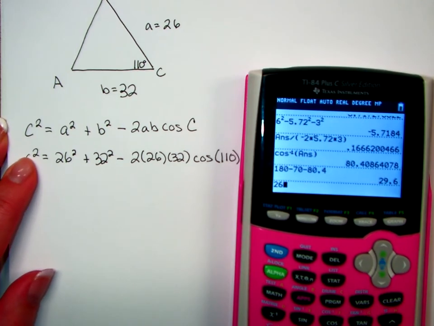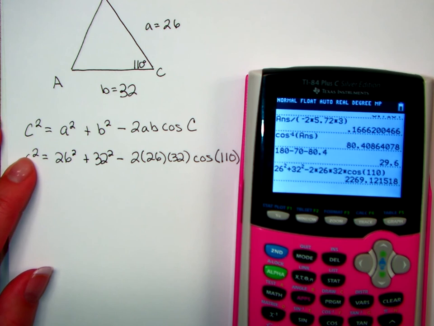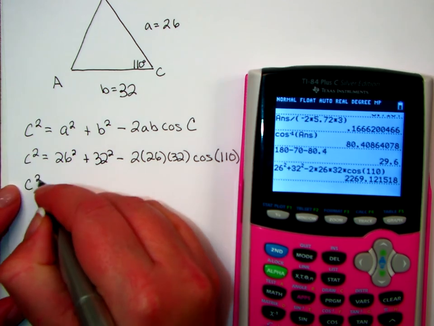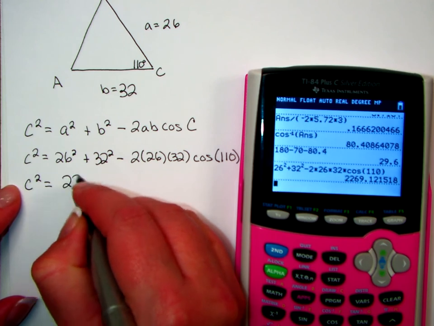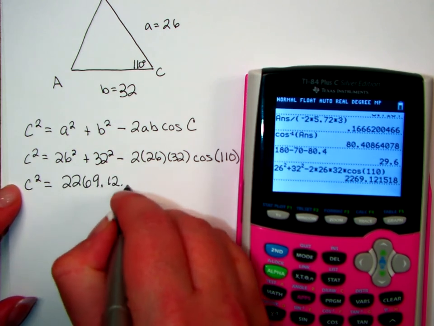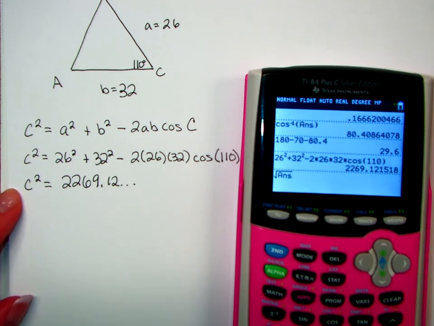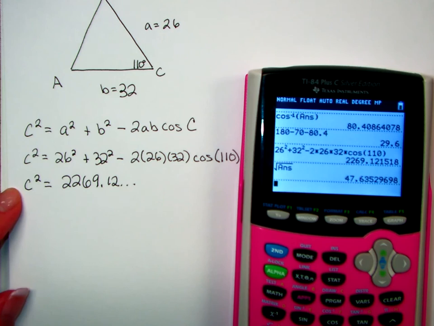Here we go, 26 squared plus 32 squared minus 2 times 26 times 32 times cosine 110 gets 2,269.12. But that's what c squared is. So in order to get c, we need to take the square root of that. And so we get 47.6.